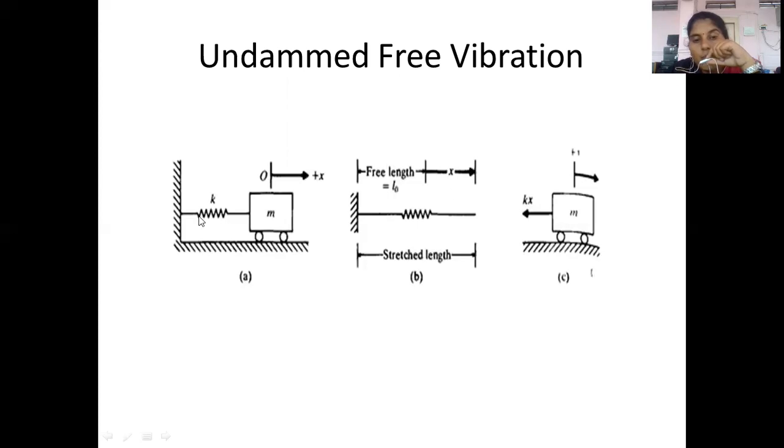Okay. If we draw the free body diagram of this, M will change with respect to the acceleration as per Newton's law, that is M into acceleration, mx double dot. You have to understand that x is the displacement, x dot is the velocity, and x double dot is the acceleration.